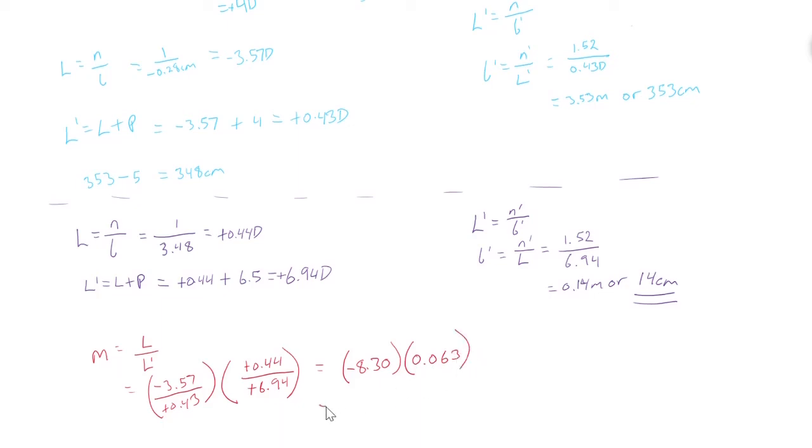When we multiply these two, we get a negative 0.52. And this is times because of magnification. So what this tells us, if you remember from before, is that the image is actually inverted. So it's an inverted image that we have formed.